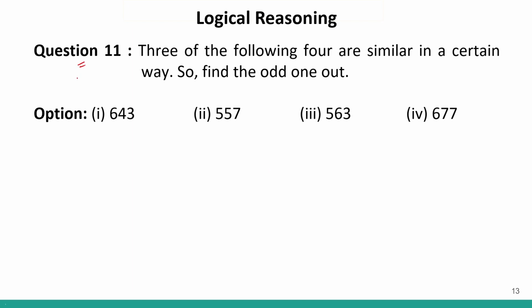Question number 11. Again, 4 options are given to us and we have to identify which of them is the odd one out. In question number 11, if I sum these, 6 plus 4 plus 3, it will be 13. 5 plus 5 plus 7 is 17. 5 plus 6 plus 3, 11 plus 3 is 14.